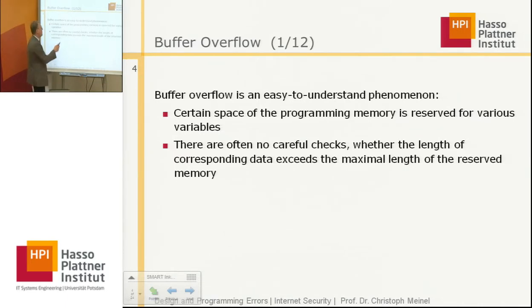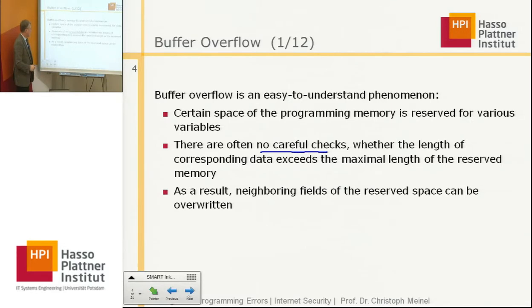Often there is no careful check whether the length of the corresponding data exceeds the maximal length of the reserved memory. There is a reserved memory for a variable, and if the user is able to give in data that are longer than the space reserved for this data, then there is some overwriting of unreserved space. As a result, neighbor fields of the reserved space are overwritten.